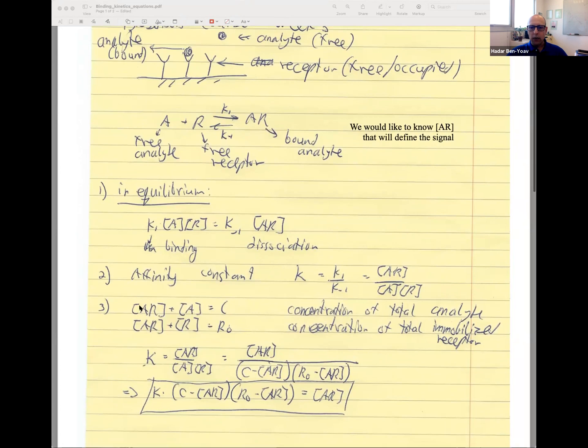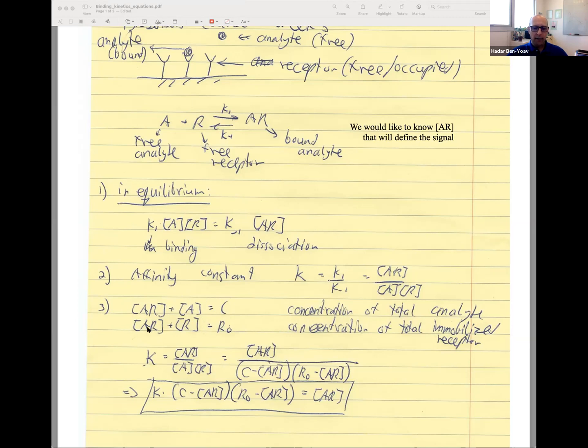And now, third thing we define: the concentration of the complex AR plus the concentration of the analyte A means how much total analyte we have, which is C, right? Because some of it connected to the receptor, some of it stayed free.